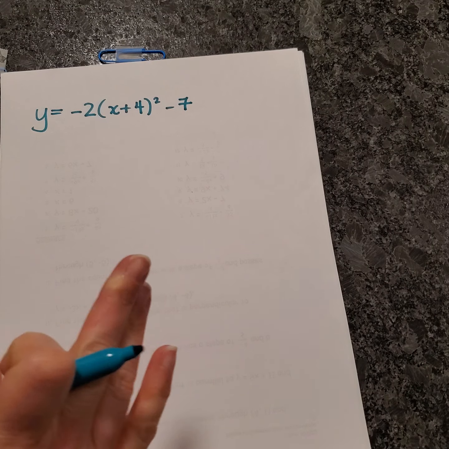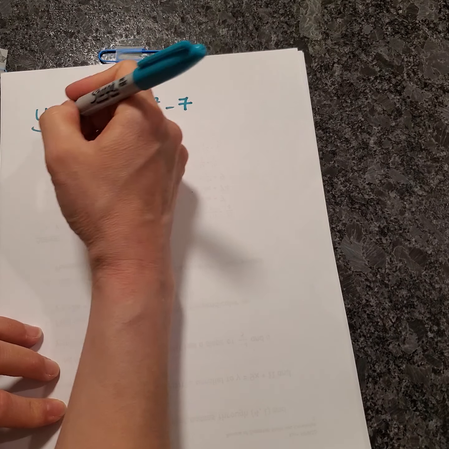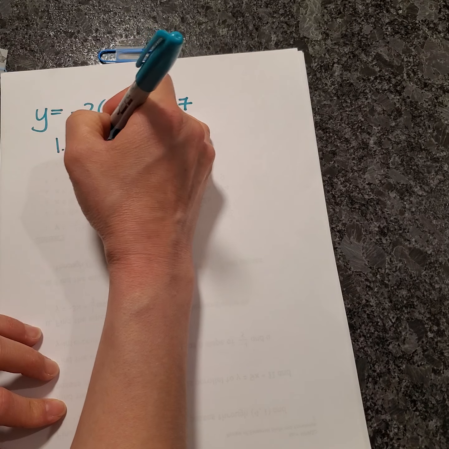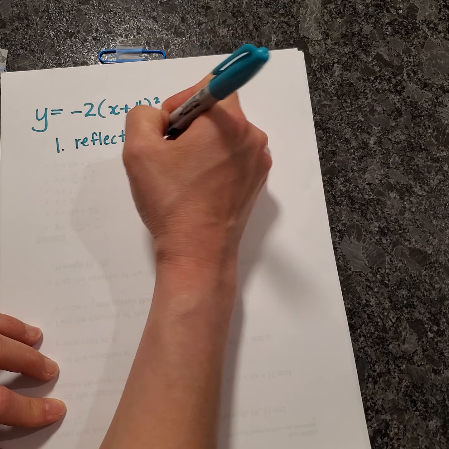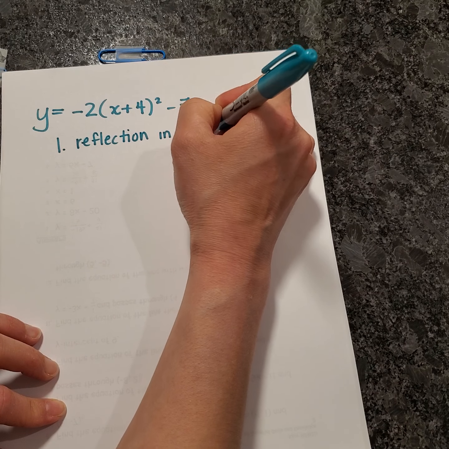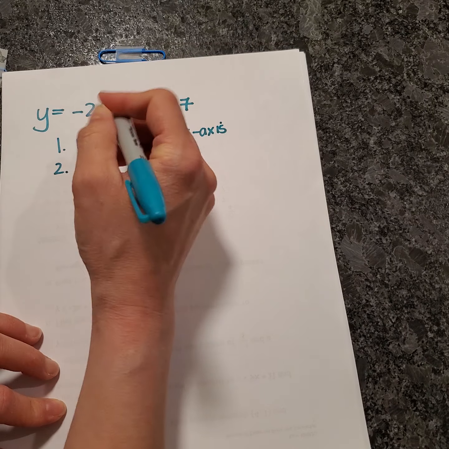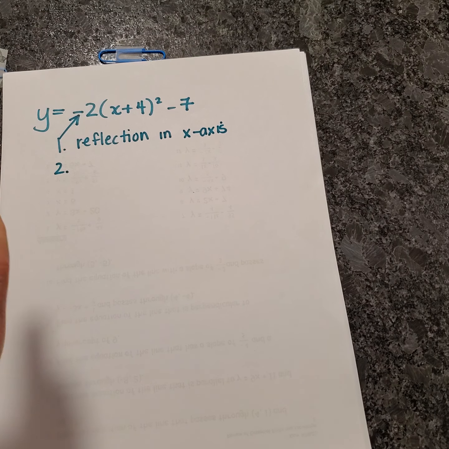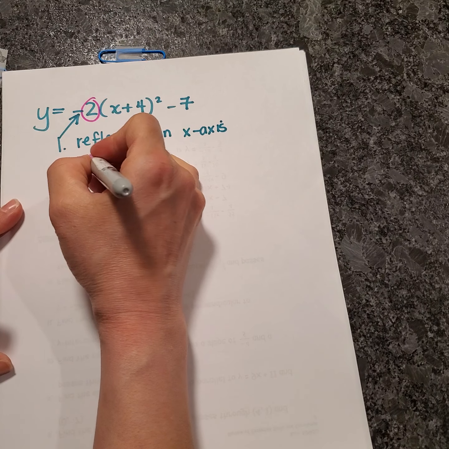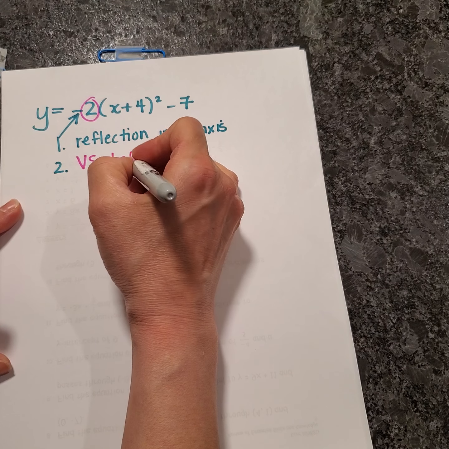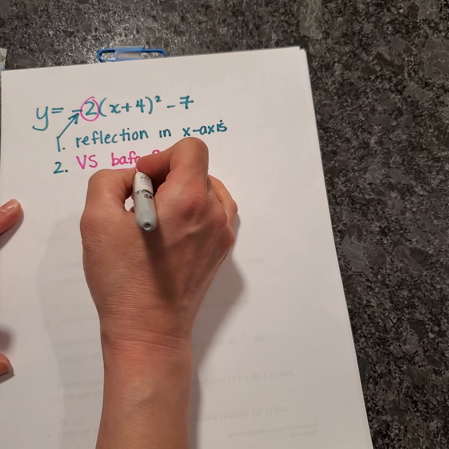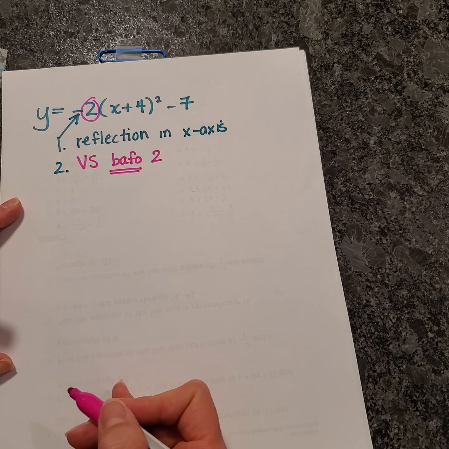if I was given a question like that, the first thing I would do is say there has been a reflection in the x-axis. Maybe I'll try to color code this. Then I would say there has been a vertical stretch by a factor of 2. BAFO is a completely acceptable short form.